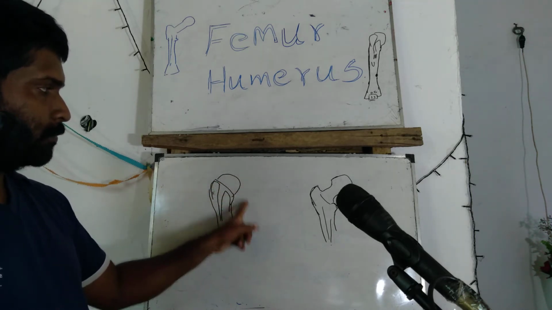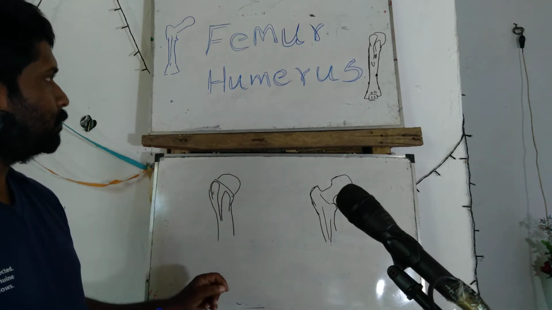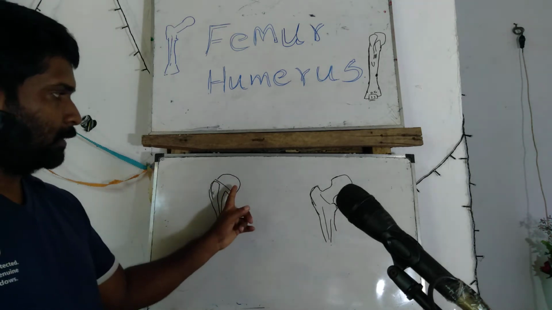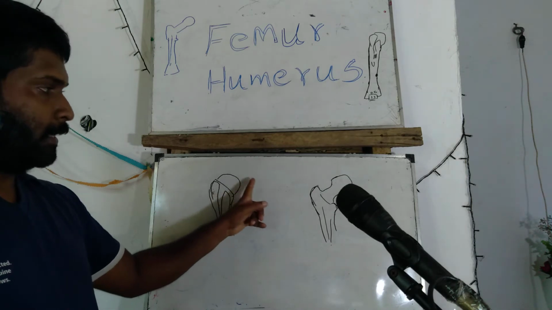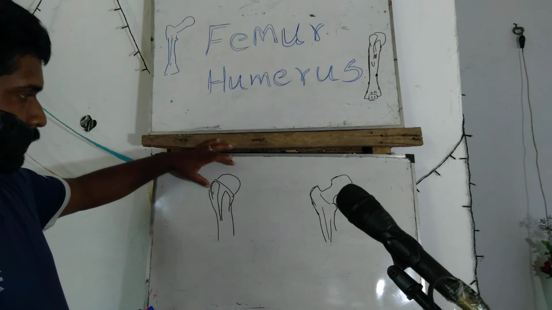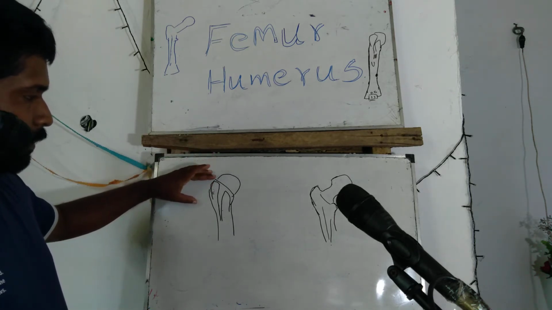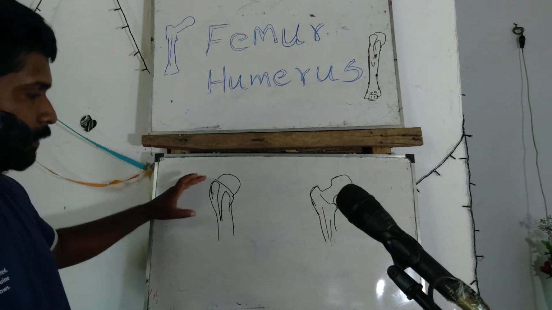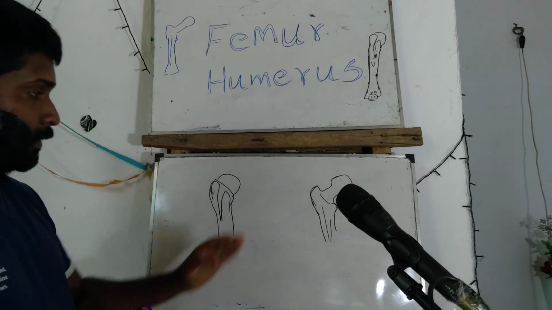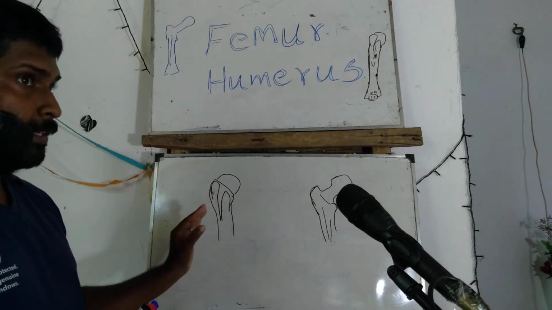It connects to the glenoid cavity of the scapula. Then go laterally, outward, downward from the head. There are some prominent areas.